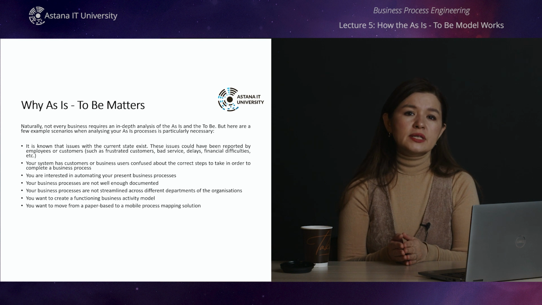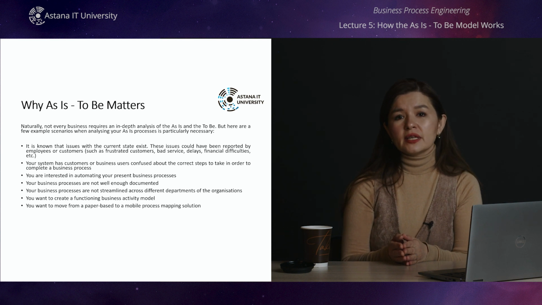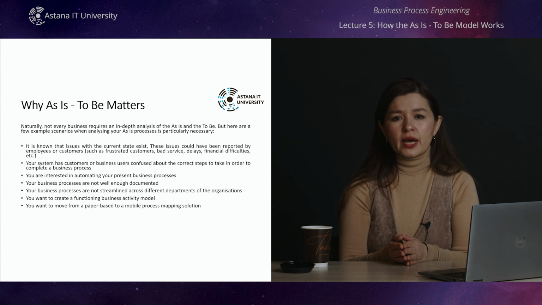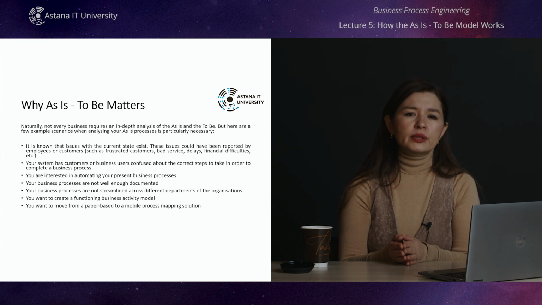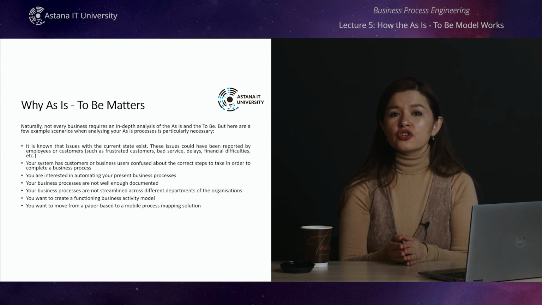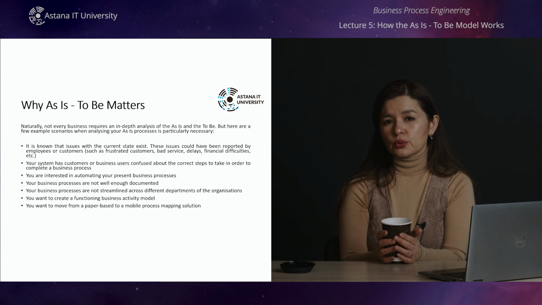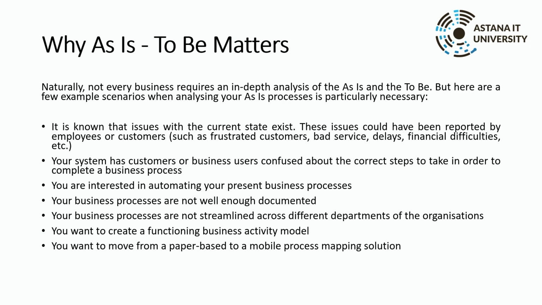Next, when organizations are considering automating existing business processes, understanding the as-is state is essential. The analyst provides insights into manual steps, bottlenecks, potential challenges, and inefficiencies that can be addressed and optimized during the automation process.